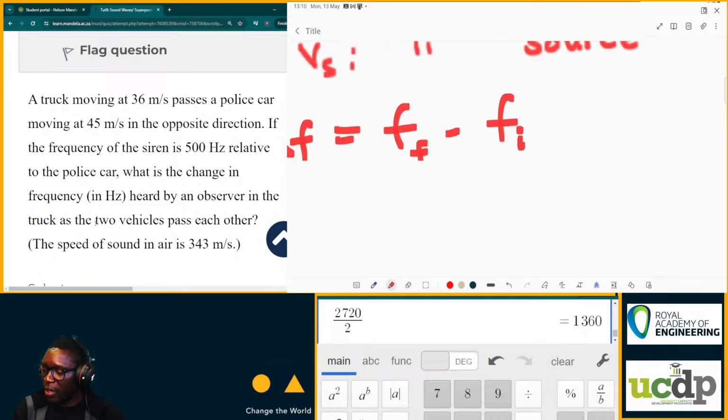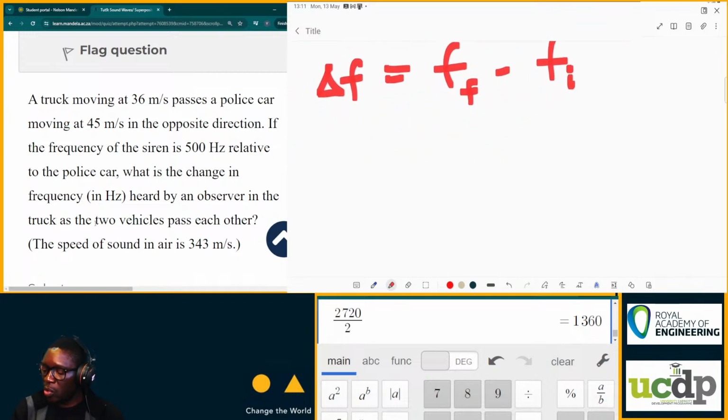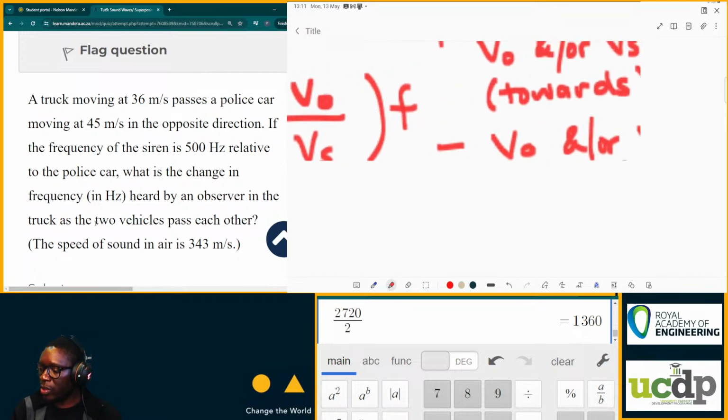But anyway, our final frequency is after the two vehicles pass each other, and we say the new frequency will be V. Now remember, these are moving away from each other, so we now have minus V observer over V plus V source. We've just opposed the signs because remember what we said here.